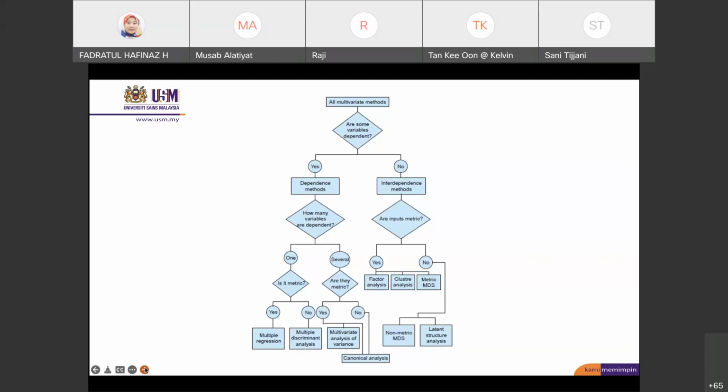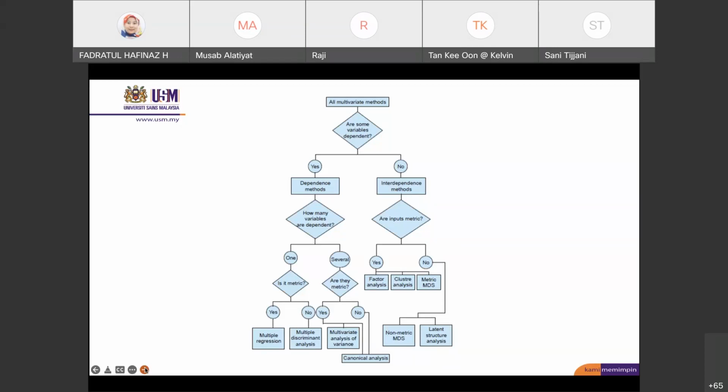If the answer is yes, we have dependence methods. But in case the answer is no, we have interdependence methods, right?